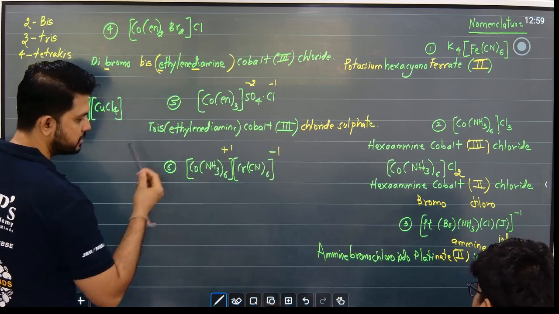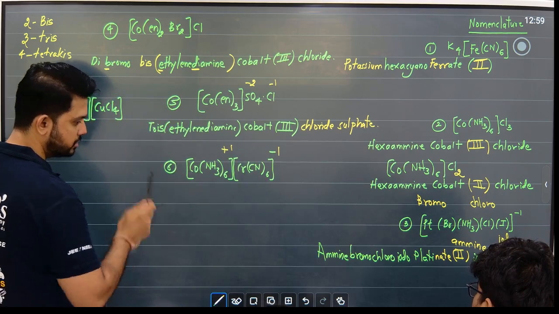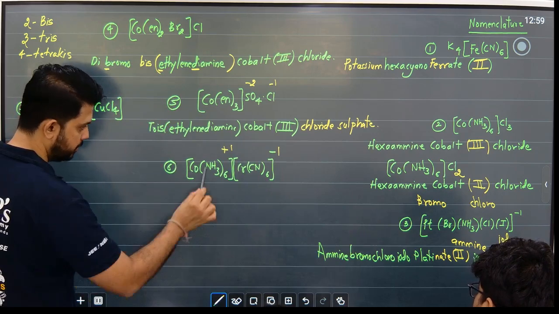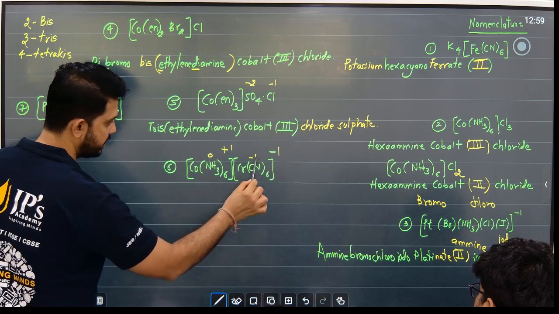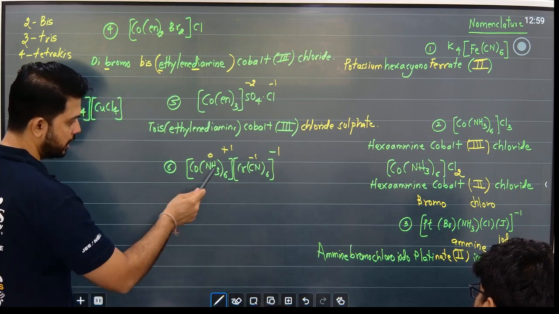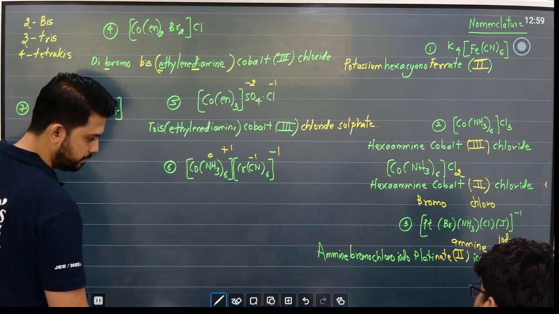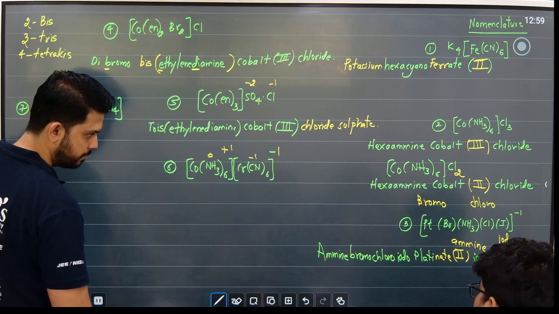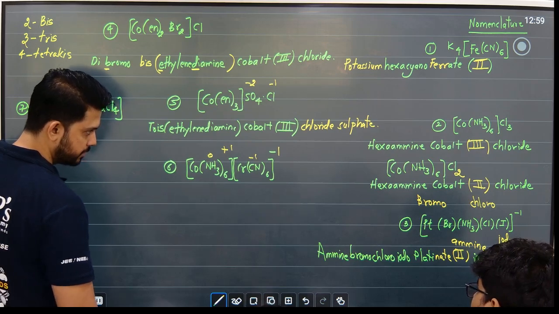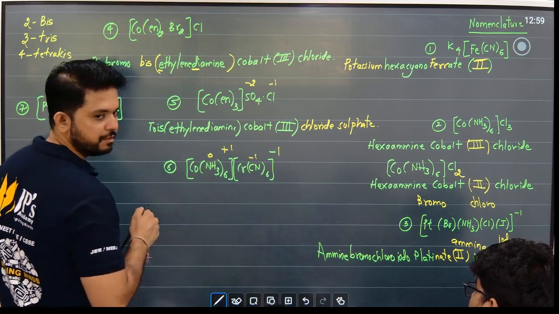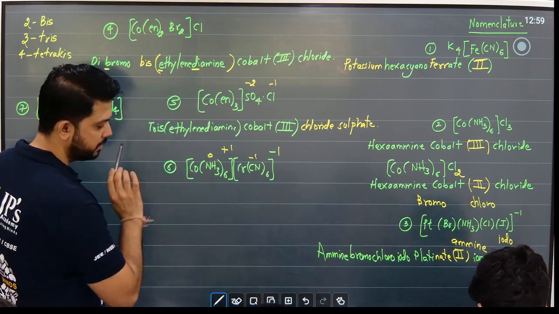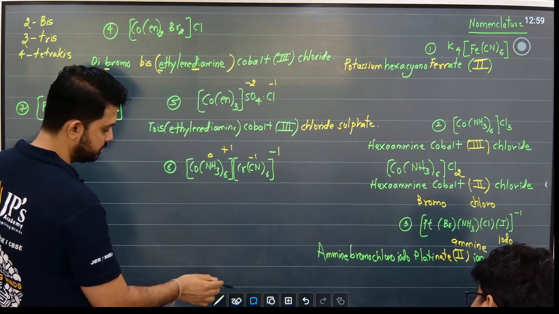Now tell me, this is +1. What is the charge on cobalt? Because amine is 0 and cyano is -1. What's the charge on cobalt? +1. What's the charge on chromium? +5. Is it same? So +1 doesn't work.